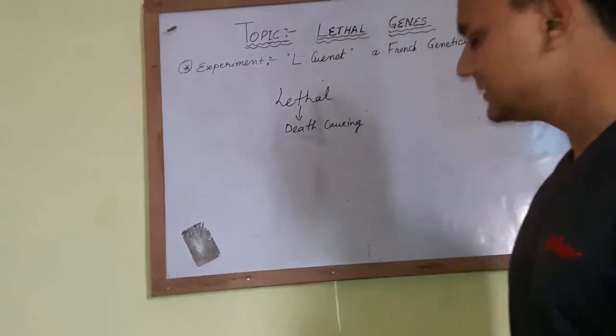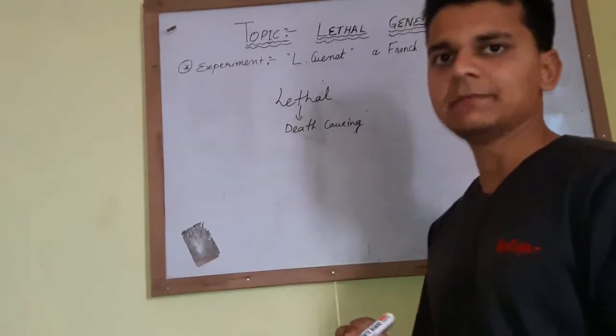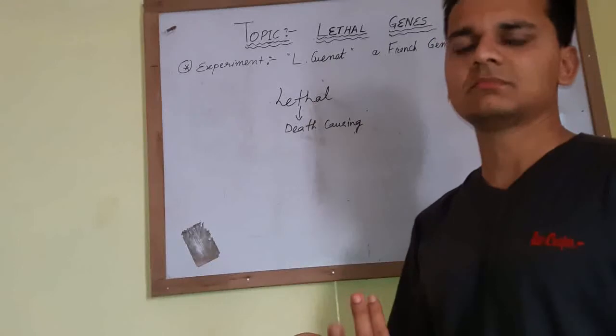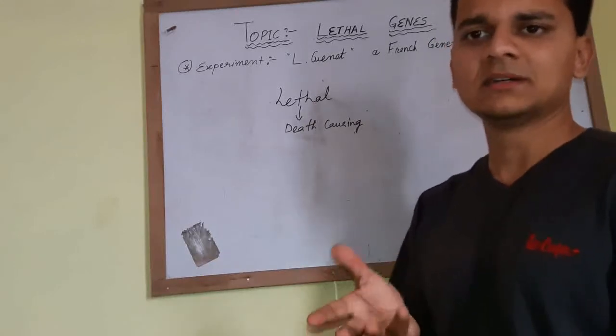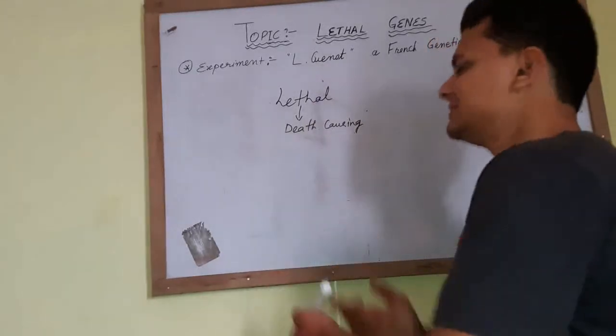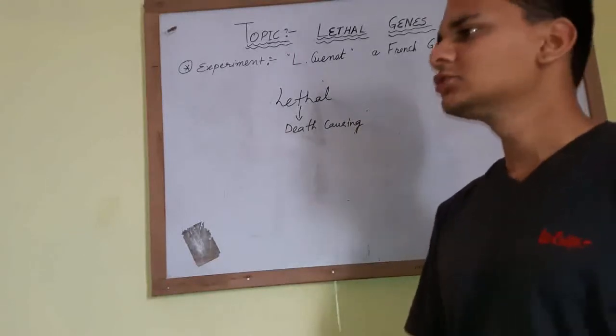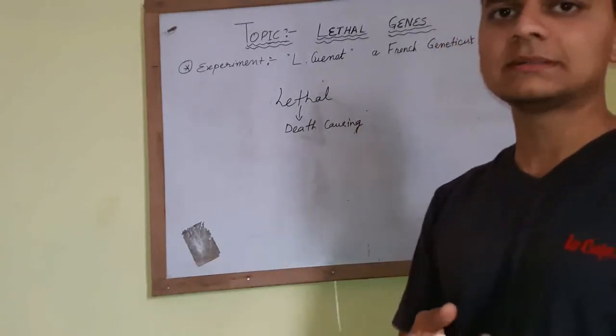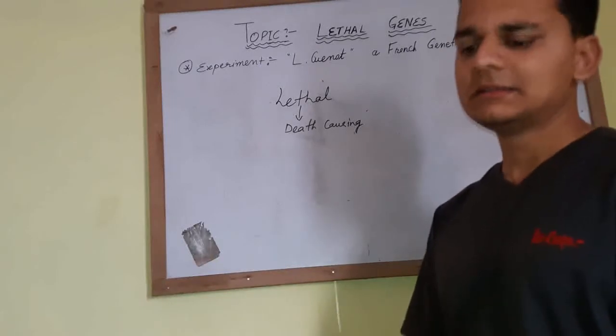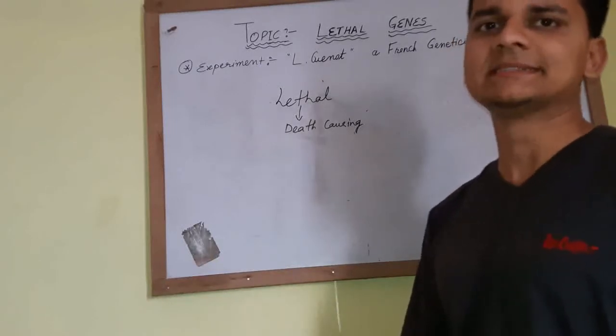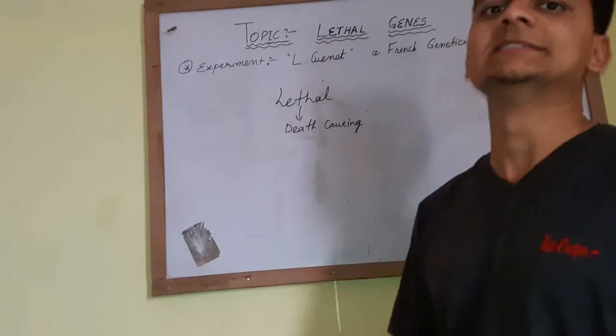How will these genes cause death? The main question arises: what are the conditions in which these types of genes will cause death? These genes are not like normal genes. These are mutated normal genes.